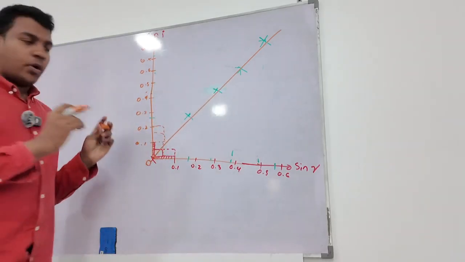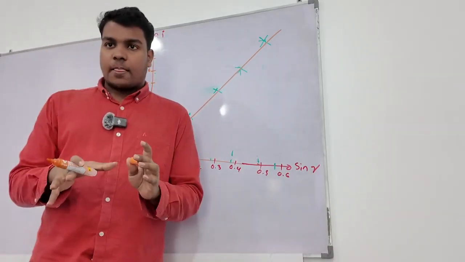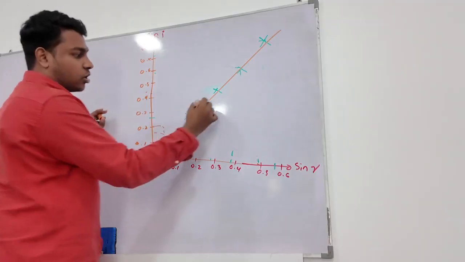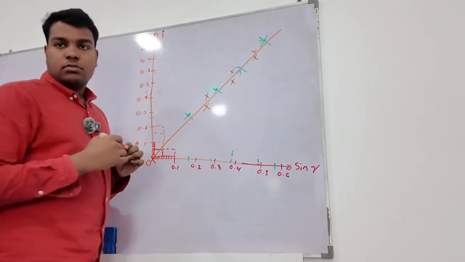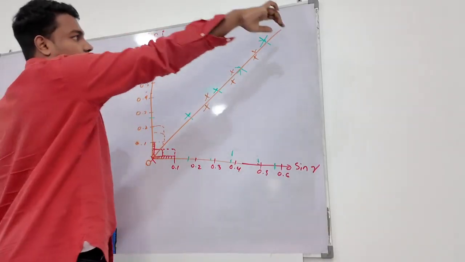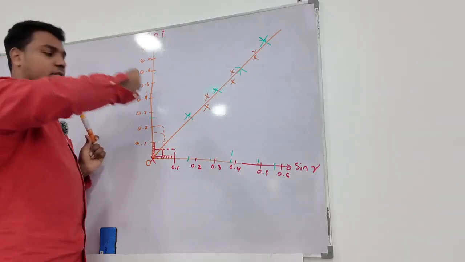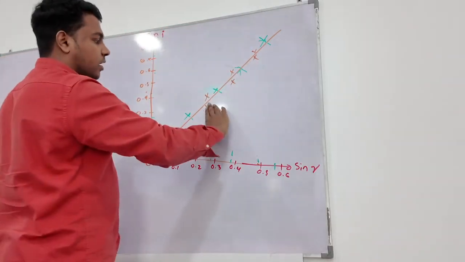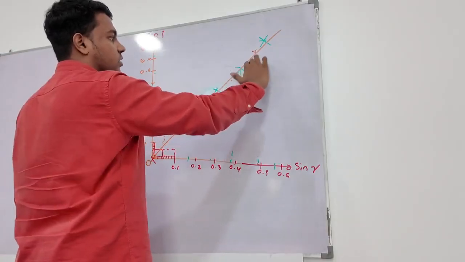You don't need to cut through every point. That is what we call a best fit line. Best fit line means the crosses can be on either side. It's fine on both sides. The graph should be linear. Without using a ruler, try to draw it with your free hand. So these orange crosses, don't worry about them. They are not the actual crosses.